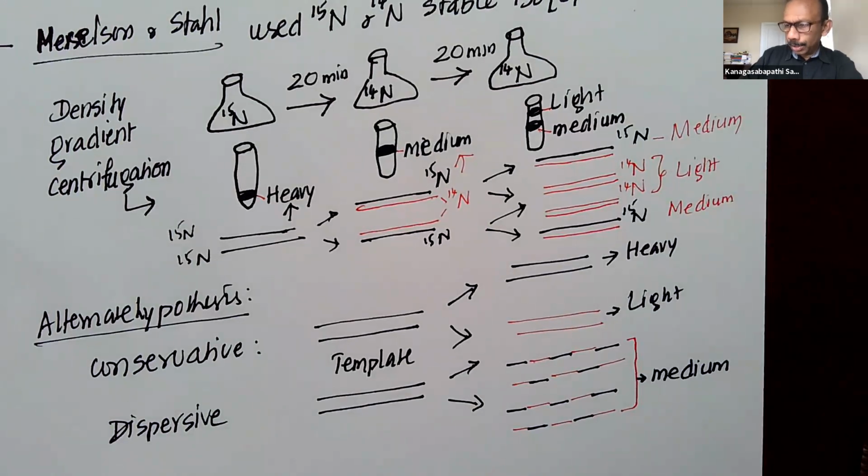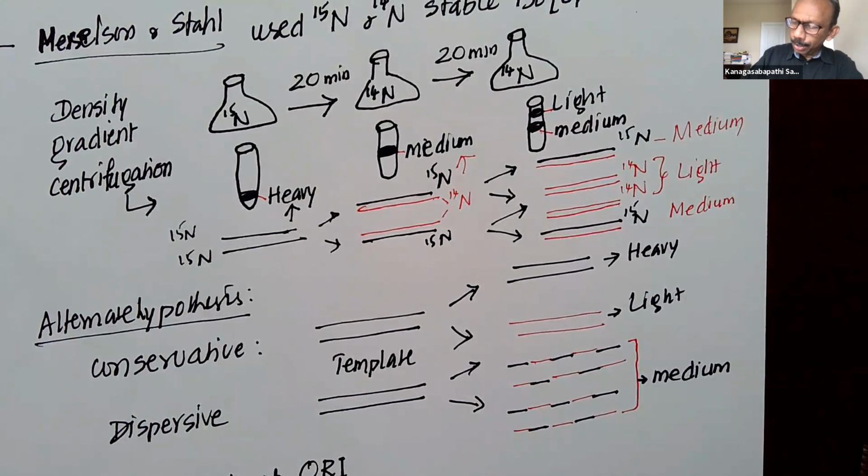So the next thing is the replication starts at the origin of replication. This is a particular region in the DNA.